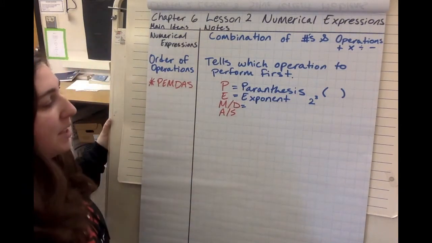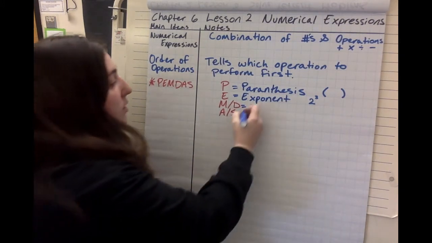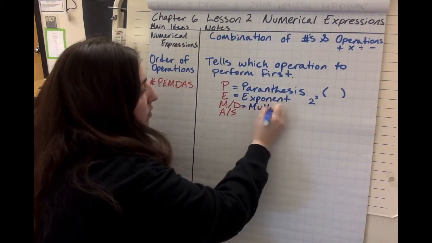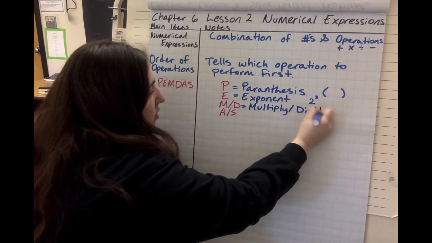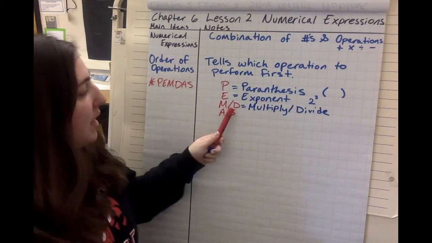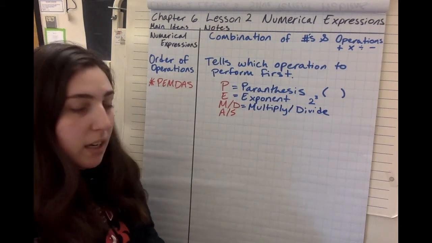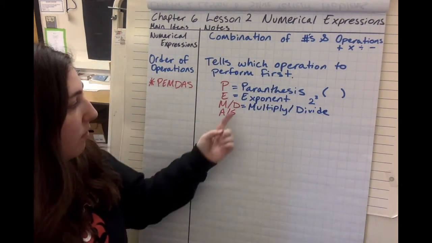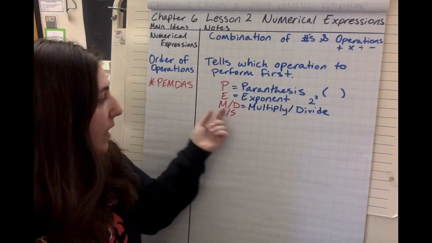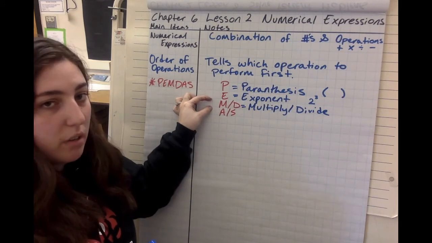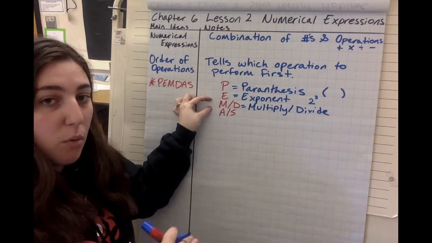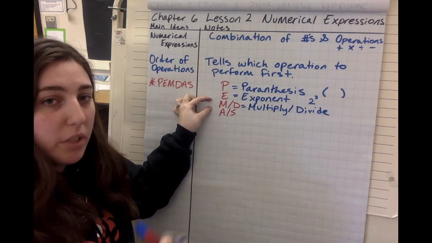M/D means multiply/divide. I said M/D because in an expression, if you see multiply and divide, it has the same order. You won't do multiplication over division.